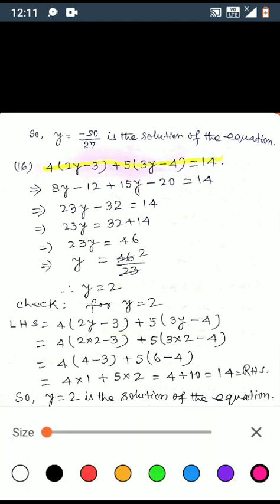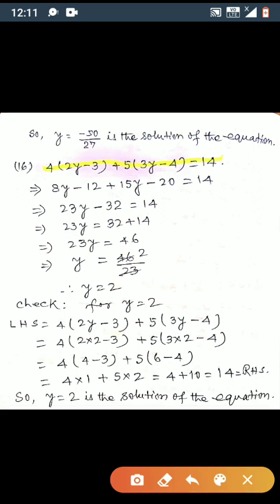Now question number 16. 4 common bracket 2y minus 3 plus 5 common bracket 3y minus 4 equal to 14. 4 times 2 is 8y, minus 4 times 3 is 12, plus 5 times 3 is 15y, minus 5 times 4 is 20, equal to 14.